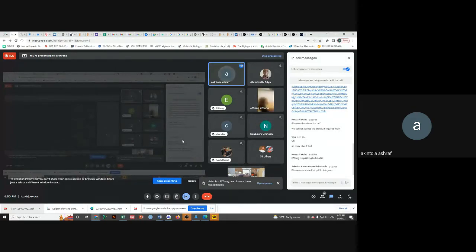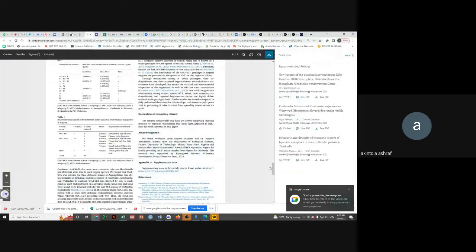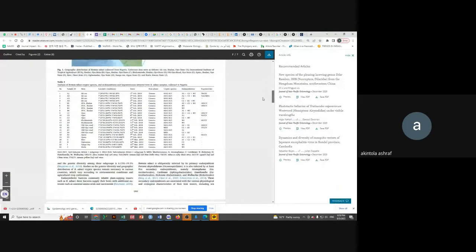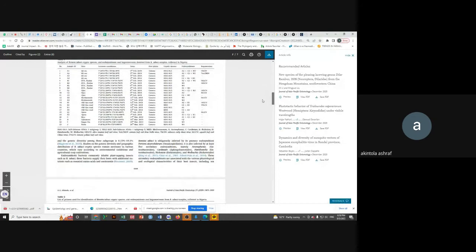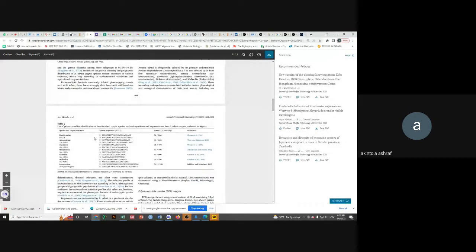One way I think Nigerian scientists are doing it to cut the cost is, for example, in this publication, I used forward and reverse primer. Even here in South Korea, it is not that cheap. It costs money. So here I used forward and reverse primers.